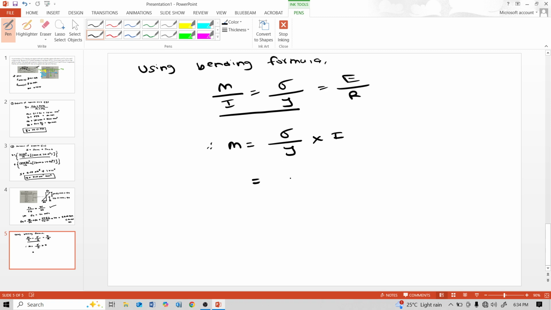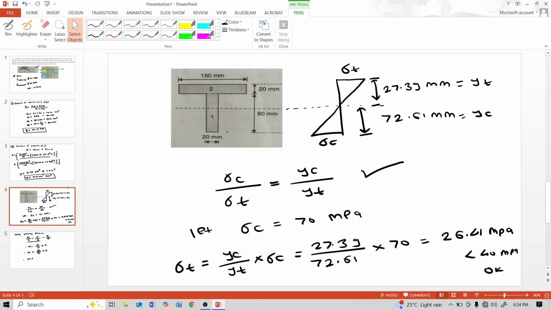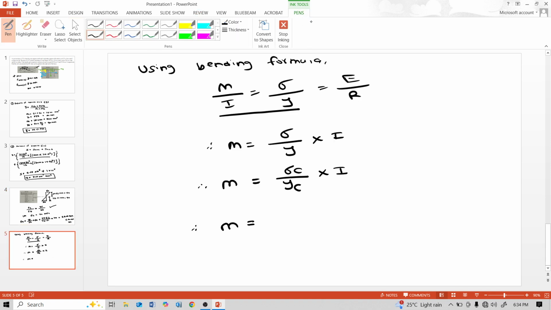That means use YC, and if we use YC, use sigma C also with I. Therefore, M is equal to sigma C, which is 70 MPa. Use the maximum sigma C for the moment of resistance.